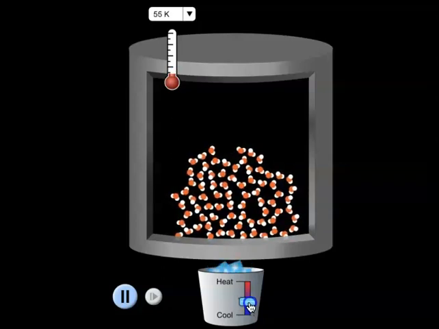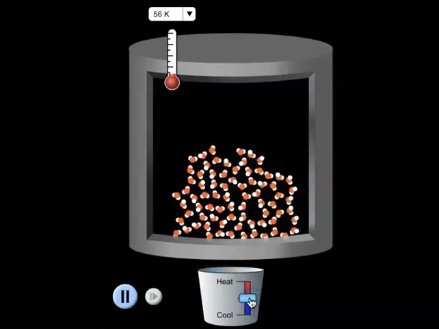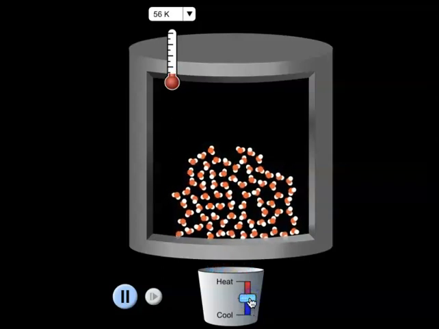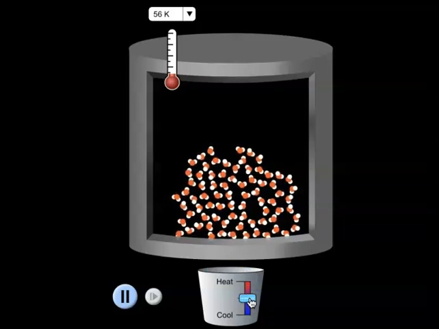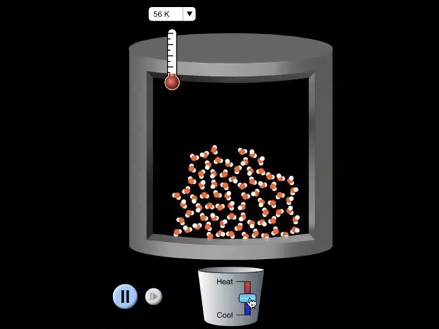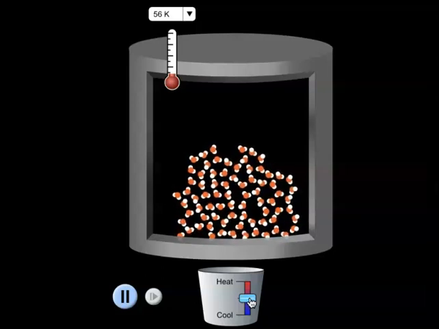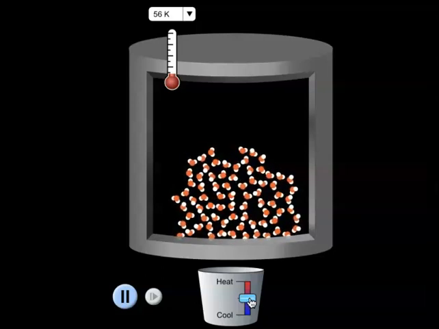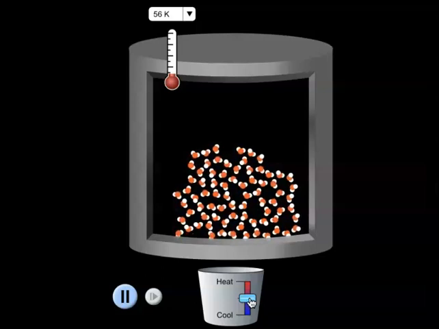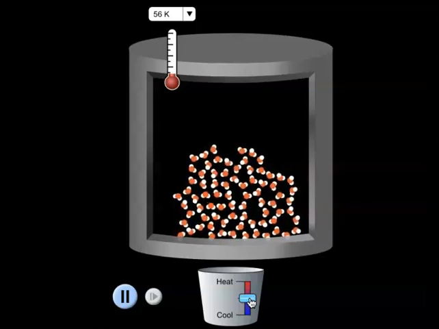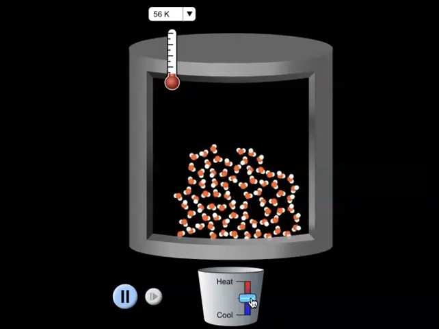But even in the solid phase, if you were to zoom in really far on those tiny particles, they're actually vibrating a little bit. And that gives rise to all kinds of interesting concepts in chemistry that we'll explore throughout the term.